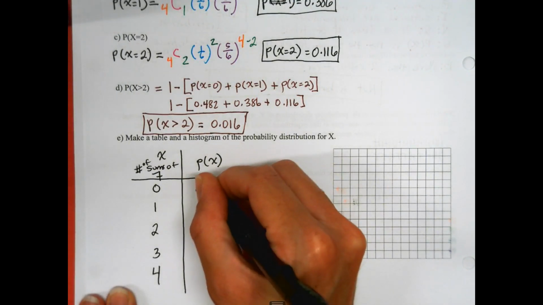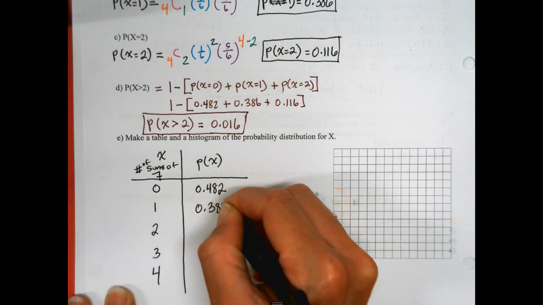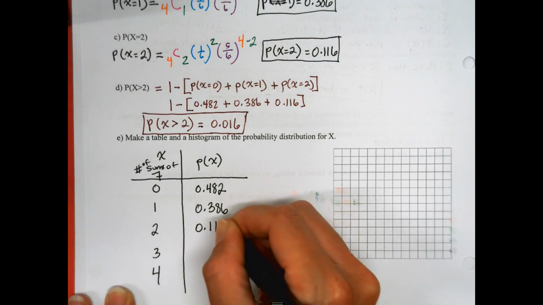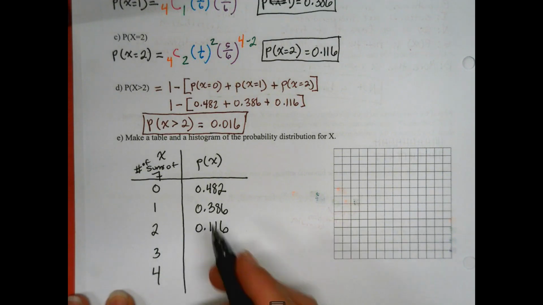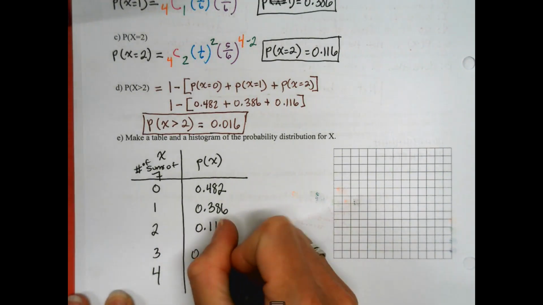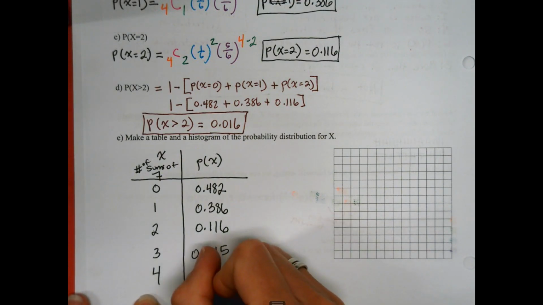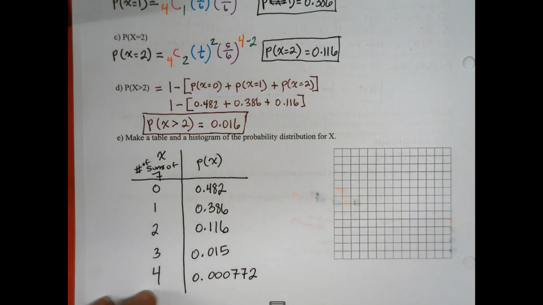It is 0.482. For 1, it is 0.386. For 2, it is 0.116. And if we used our binomial probability formula with 3, we would end up with 0.015. And for 4, we do get 0.000772.